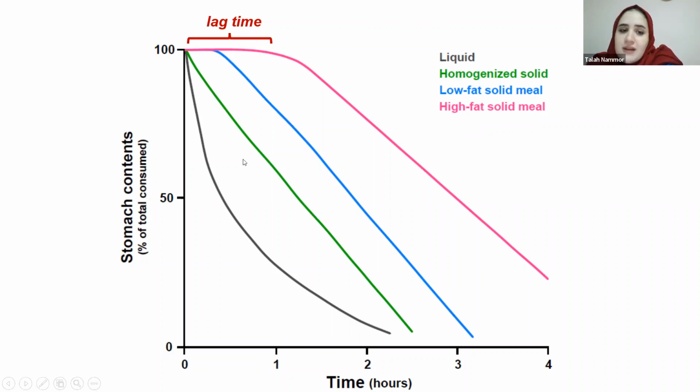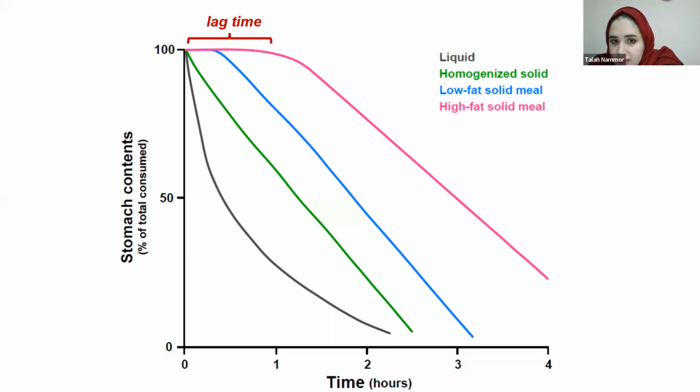And then this makes sense. Liquid is emptied faster than solid because it's easier to pass. Okay, and then the high fat solid, you see this is high fat, this is low fat. The high fat will take the most time. Why? Didn't we say that fat will decrease the gastric emptying, right?